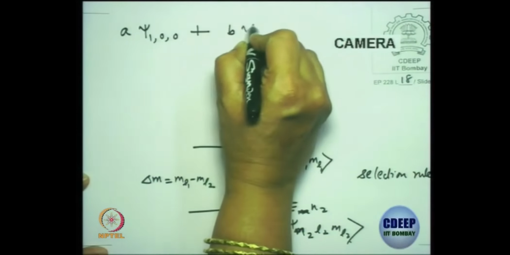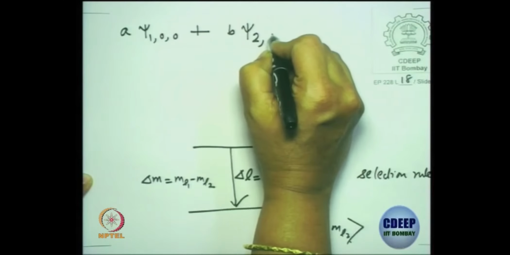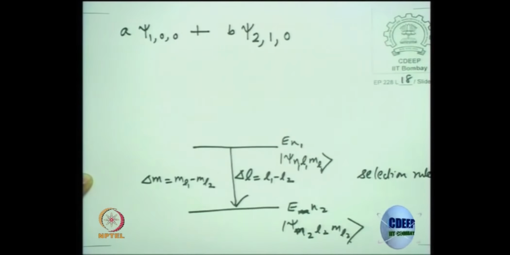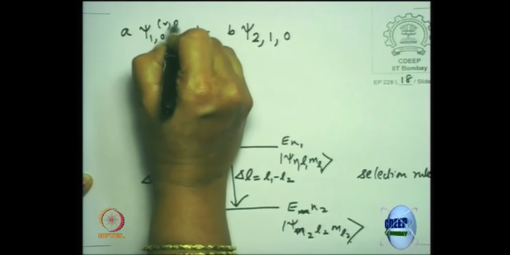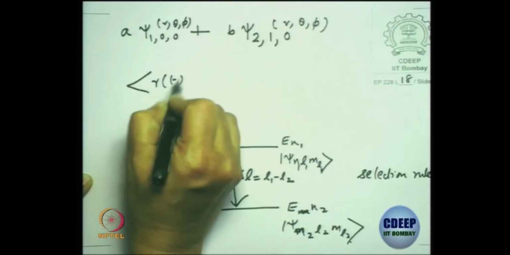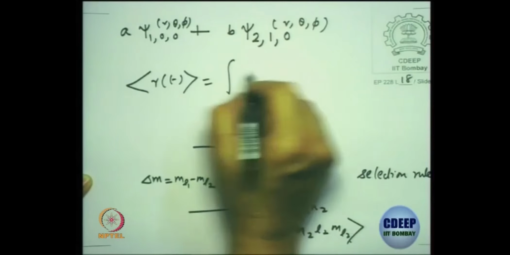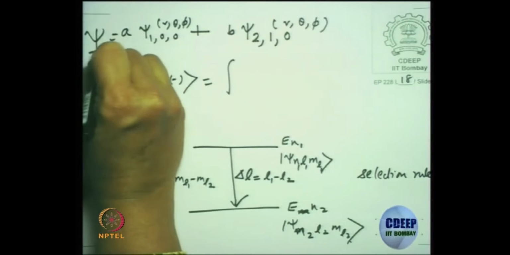So try to check, take this ground state. What is the ground state? It is 1 0 0, right? So take this ground state and take the r theta phi, and do the expectation value of r of t, which is nothing but, someone calls this the superposed wave function, capital psi.